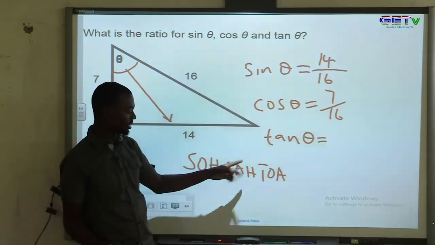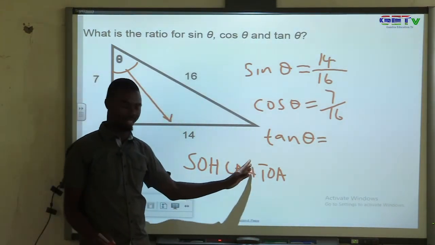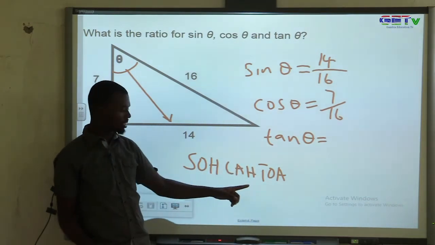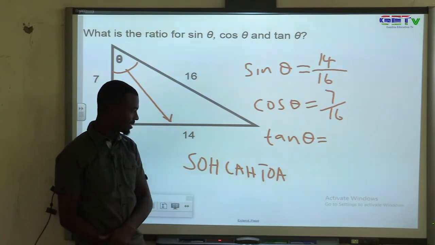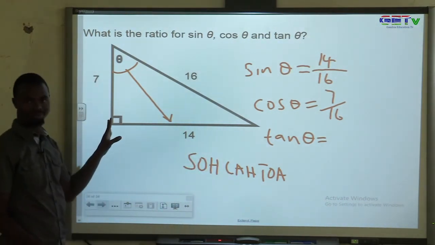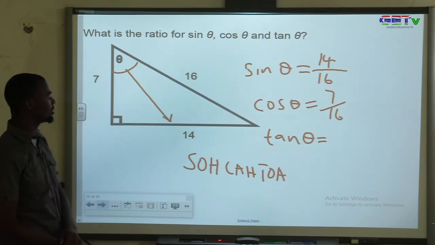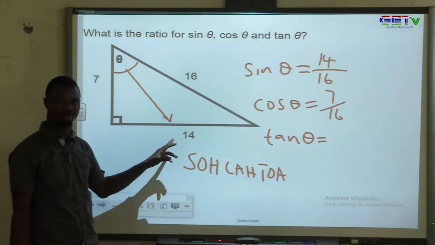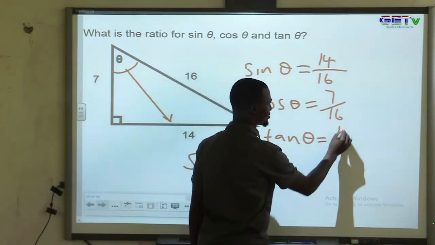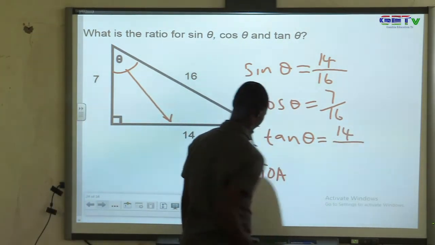So we go to the last one. That one is the last set of 3 letters. That is TOA. T is tan, O is opposite, and A is adjacent. So what is the opposite of the right angle triangle? The opposite is 14, because it's the side directly opposite theta. So that is 14 all over.